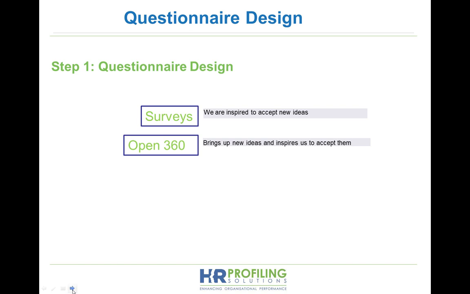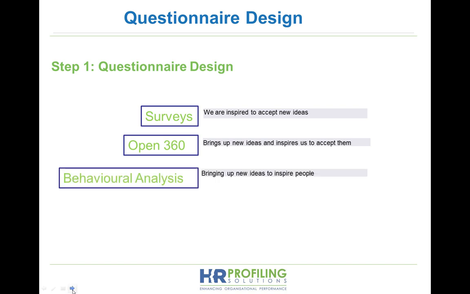So we're measuring the organisation through the survey, and then we're measuring the management or who is being assessed by using the Open 360. Following that, we're going to create a job template. Now, bringing up new ideas to inspire people is a competency that is measured in FinxS, and it will measure the manager or the individual against those natural competencies in their own work.